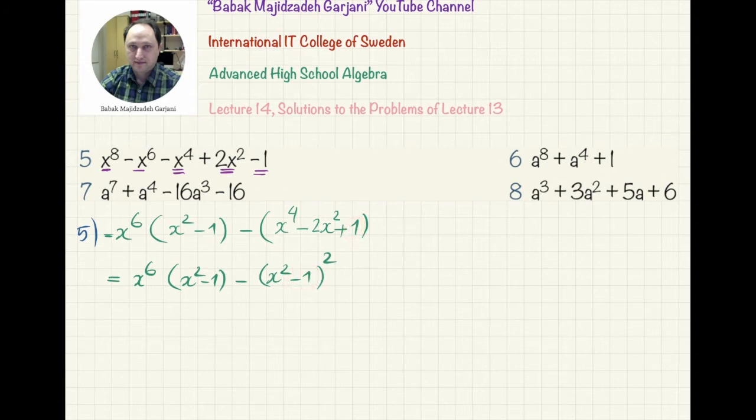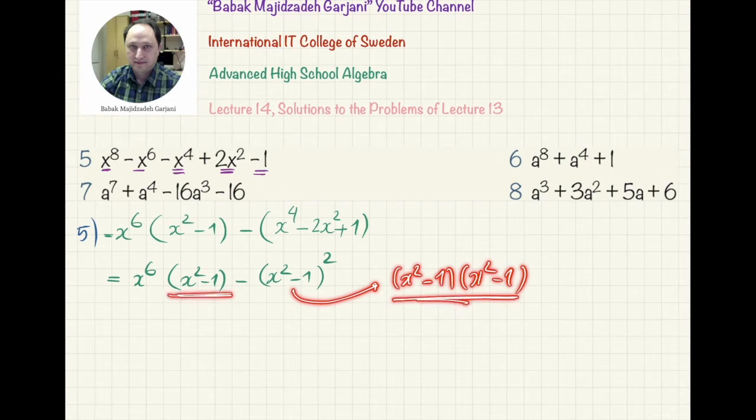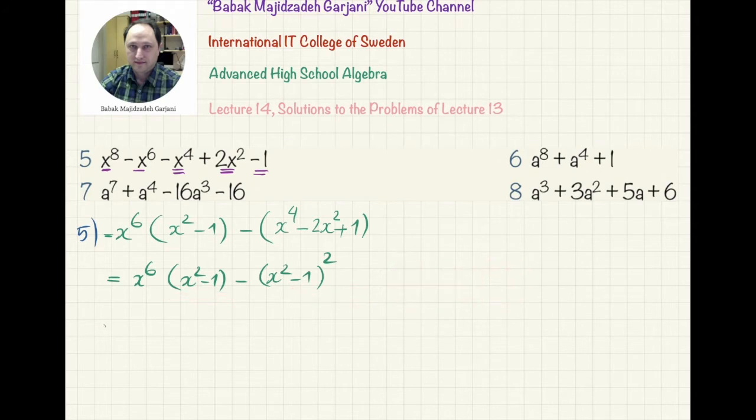It's a good factorization. It's a good grouping. Why? Because now you can see that I have a factor in common. This one is actually x squared minus 1 times x squared minus 1. So you immediately see that this is a common factor between these two, so I can pull it out. Yes, so then it becomes x squared minus 1. What is left from the first one is x to the 6, and what is left from the second one is x squared minus 1.